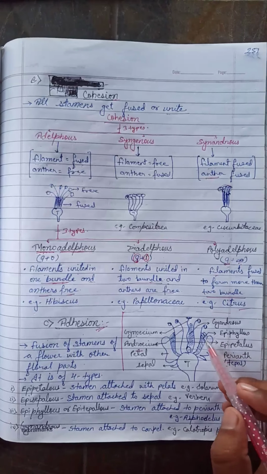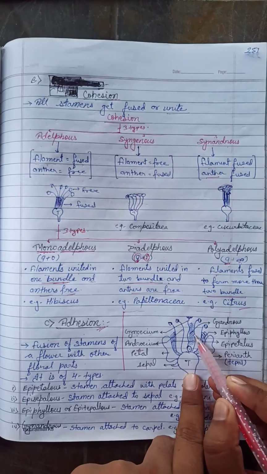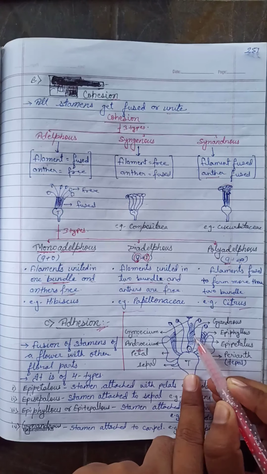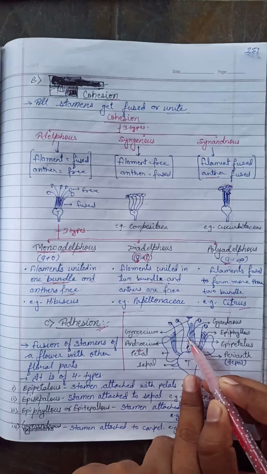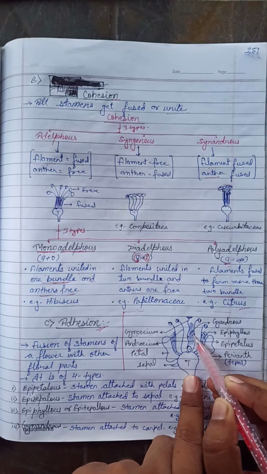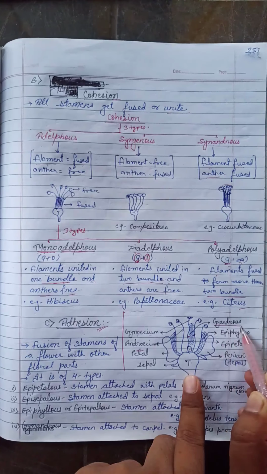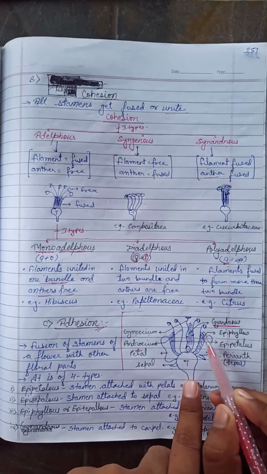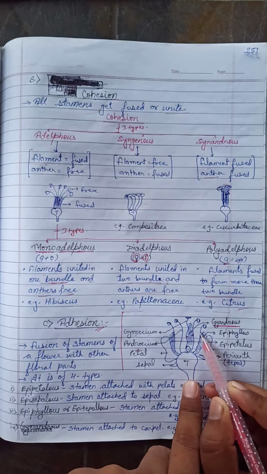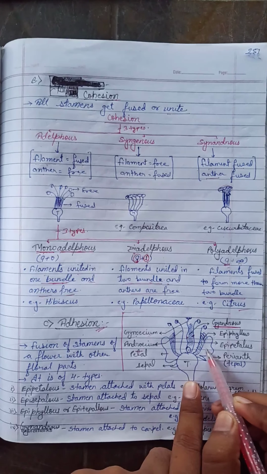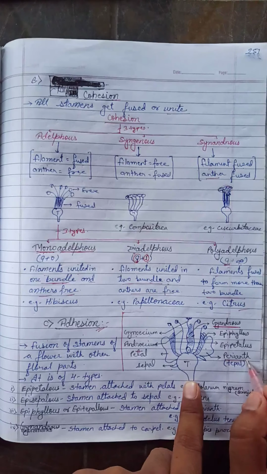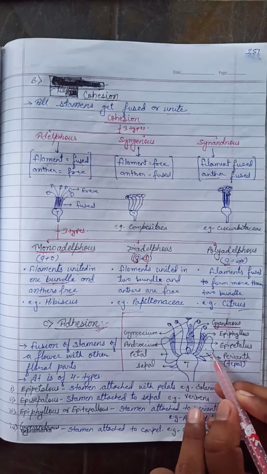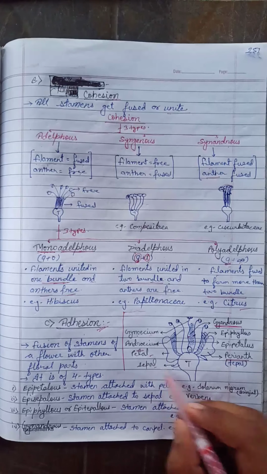When the androecium and gynoecium attach together, it is called the gynandrous condition. Whereas when the male reproductive part, the androecium, is attached with the perianth, the perianth means the fusion of petals and sepals.